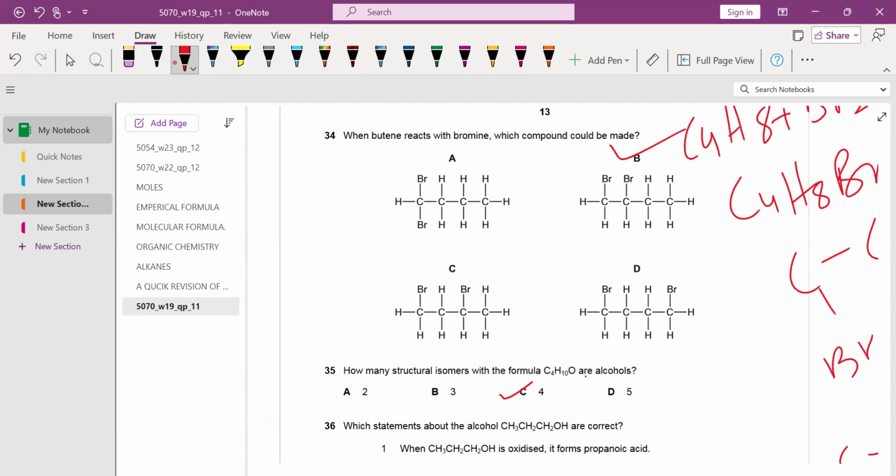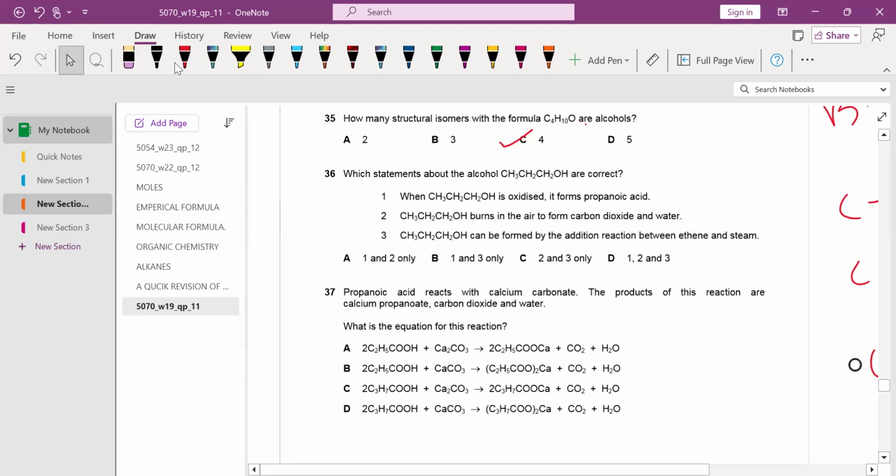Then question number 36. Which statements about the alcohol, whose formula is given here, are correct? When this alcohol is oxidized, it forms propanoic acid, 3 carbons. Yes, you can see that. This is correct.